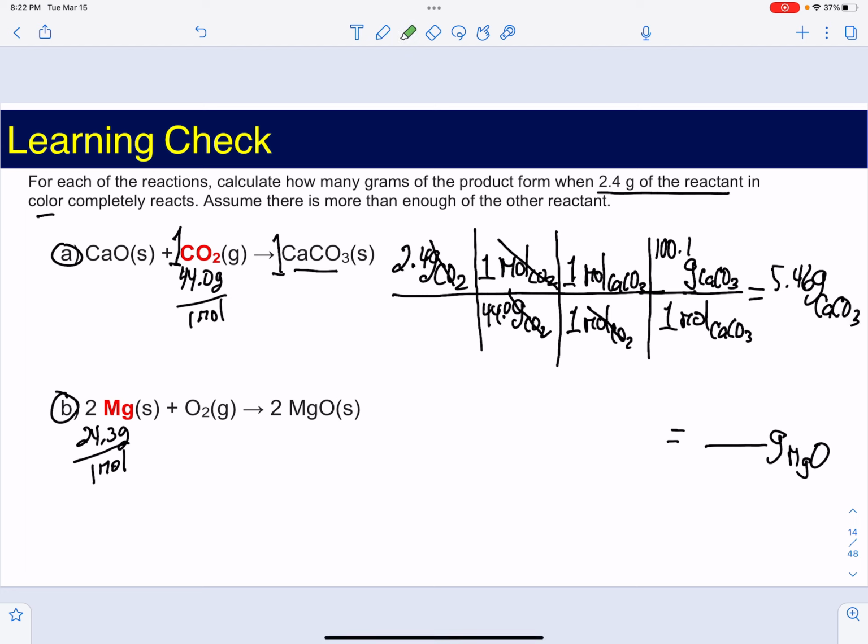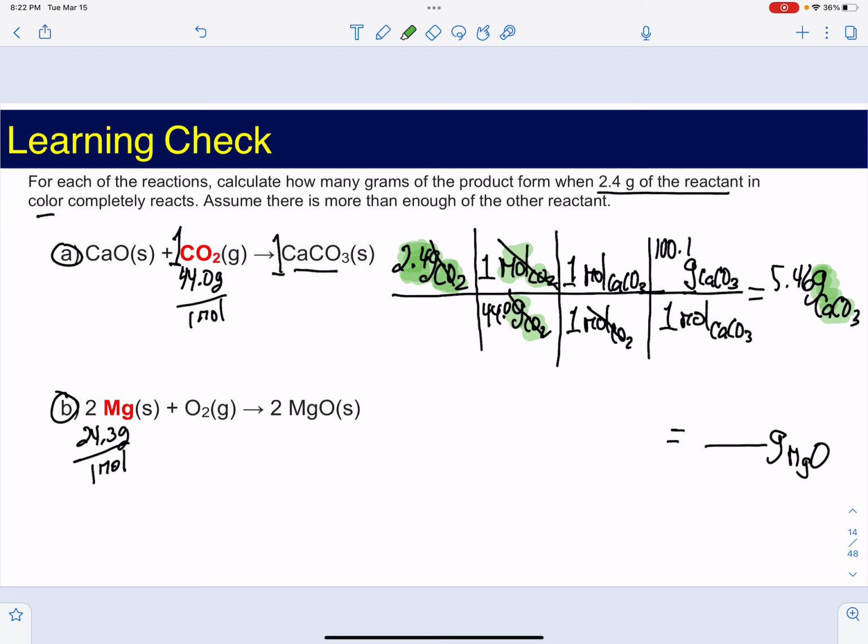So let's review this. I began with the grams of carbon dioxide because I needed to find the grams of calcium carbonate. So I'm going to go from one substance to another substance. The only way to do that is by going from mole to mole. Since I don't have the moles of carbon dioxide, I use my molar mass of carbon dioxide to find the moles of carbon dioxide.